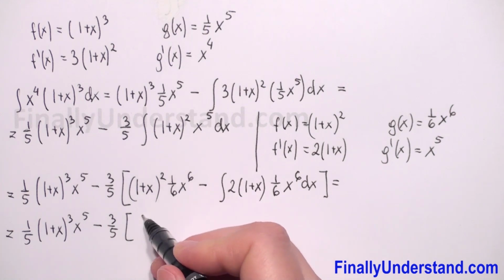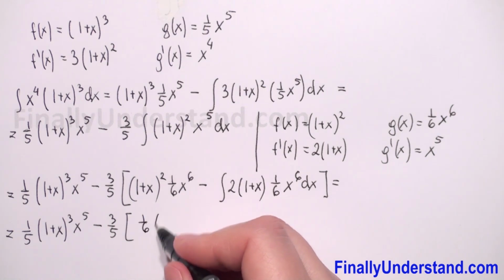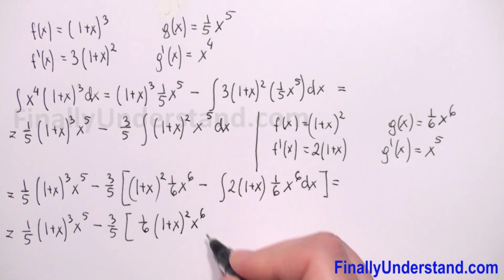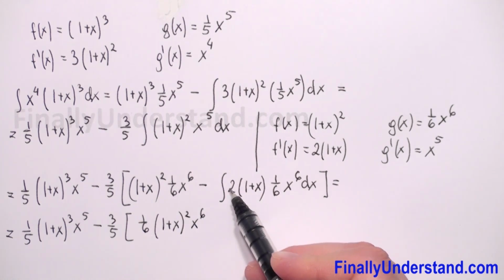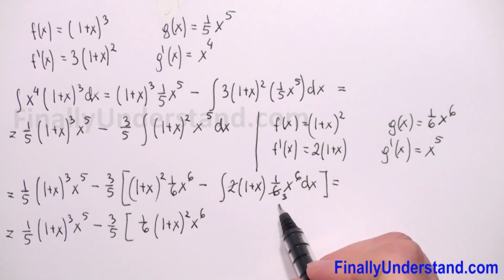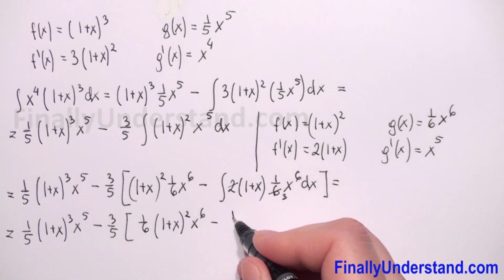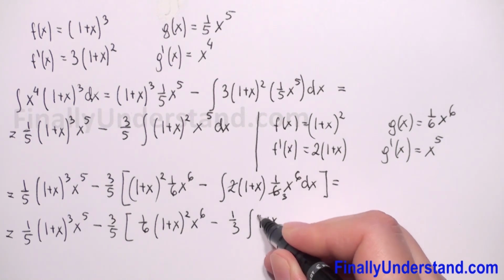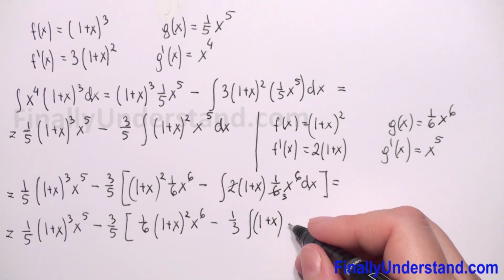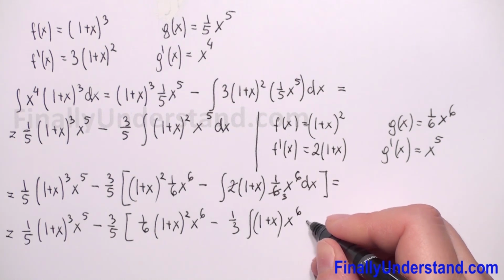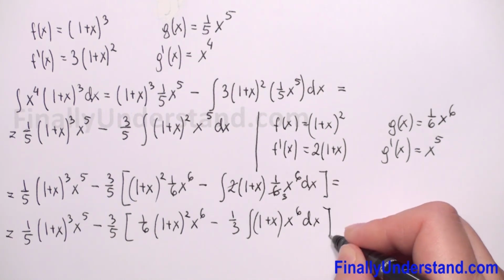First I will put 1 over 6, next we have (1 plus x) squared, x to the 6th power, and now we can reduce 2 and 6, which will be 3, so 1/3 we can put before the integral, and we have the integral of (1 plus x) times x to the 6th power with respect to x.